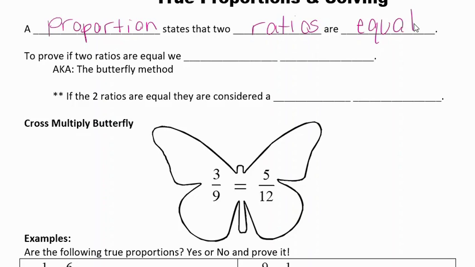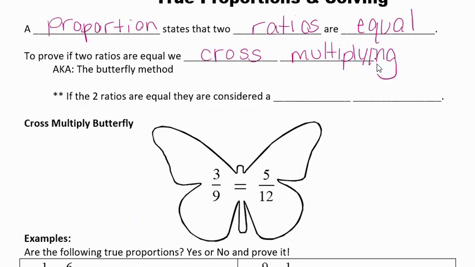And so to prove if two ratios are equal, we can actually do this by cross multiplying. So we can cross multiply the two ratios to determine if they are truly equivalent to each other. And we're going to refer to this as the butterfly method.